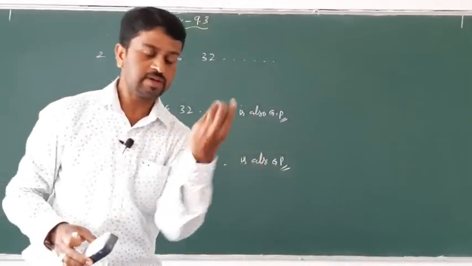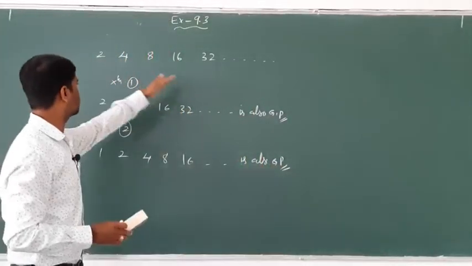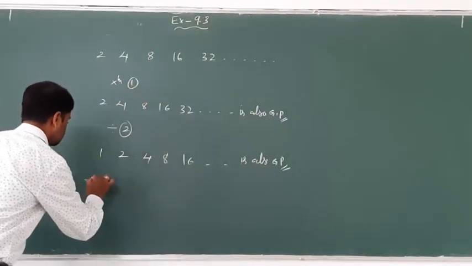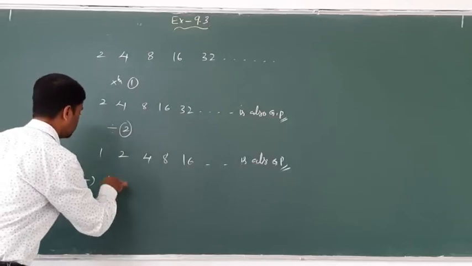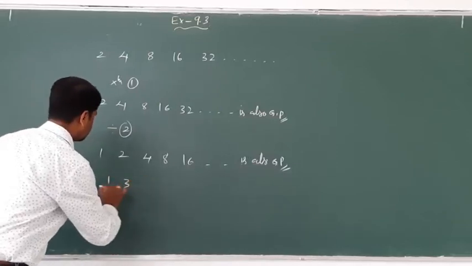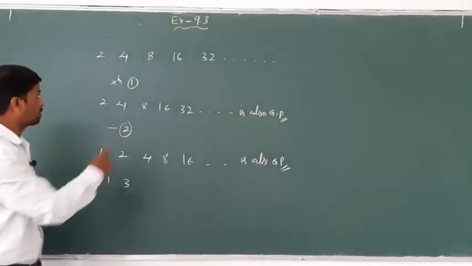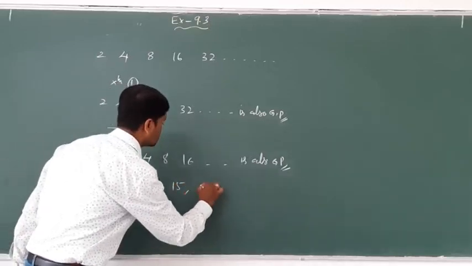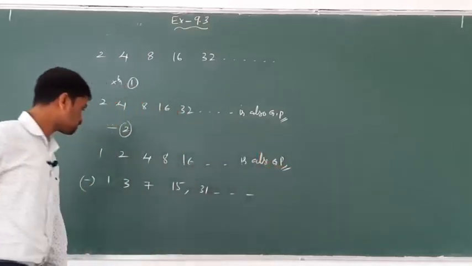But if some constant number is added or subtracted from the given geometric progression, here subtracting 1: 1, 3, 7, 15, 31 and so on, subtracted from the given GP.